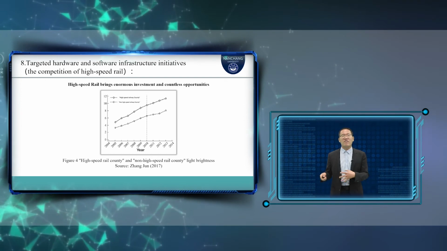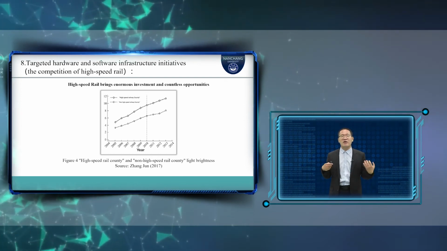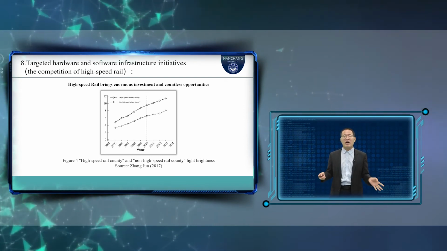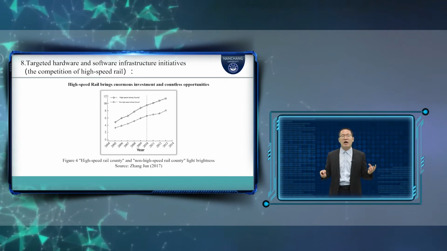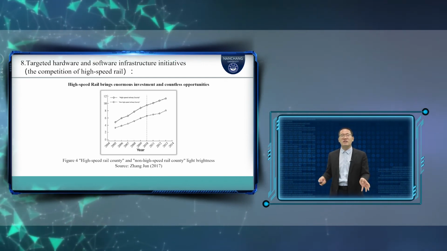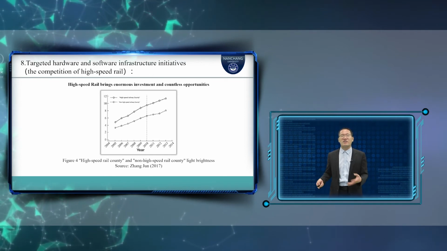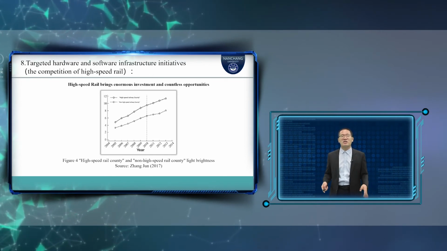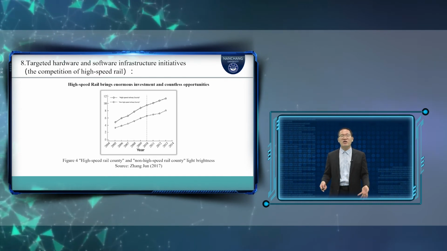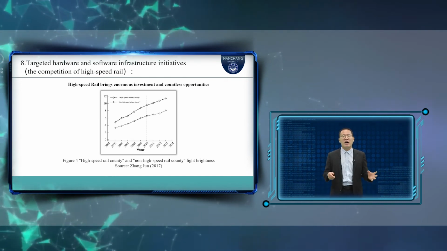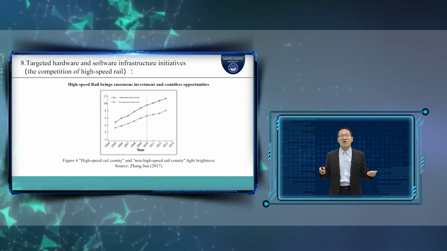The pioneers of technological innovation and industrial upgrading must be compensated for externalities and provided with corresponding hardware and software infrastructure. These tasks can only be achieved by the government, hence the necessity of a facilitating government.